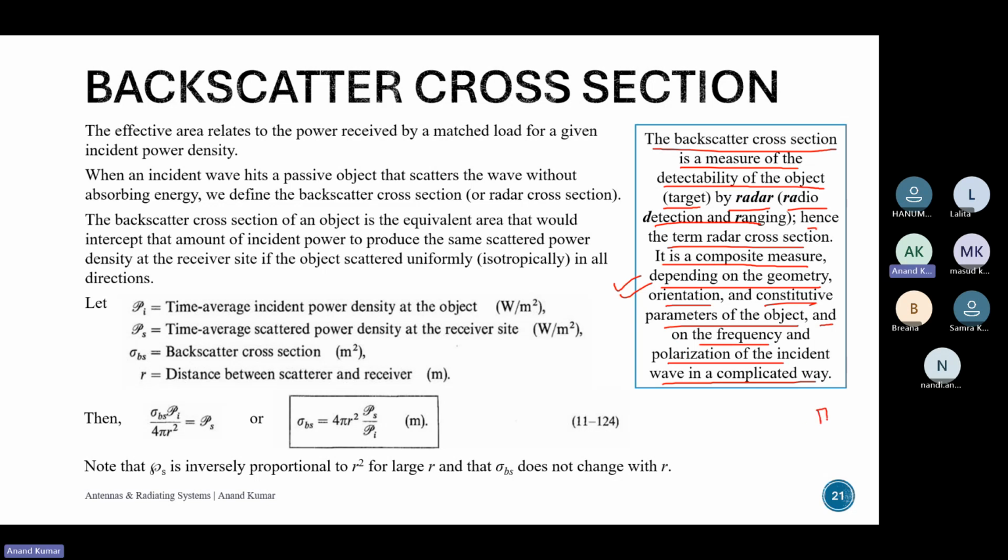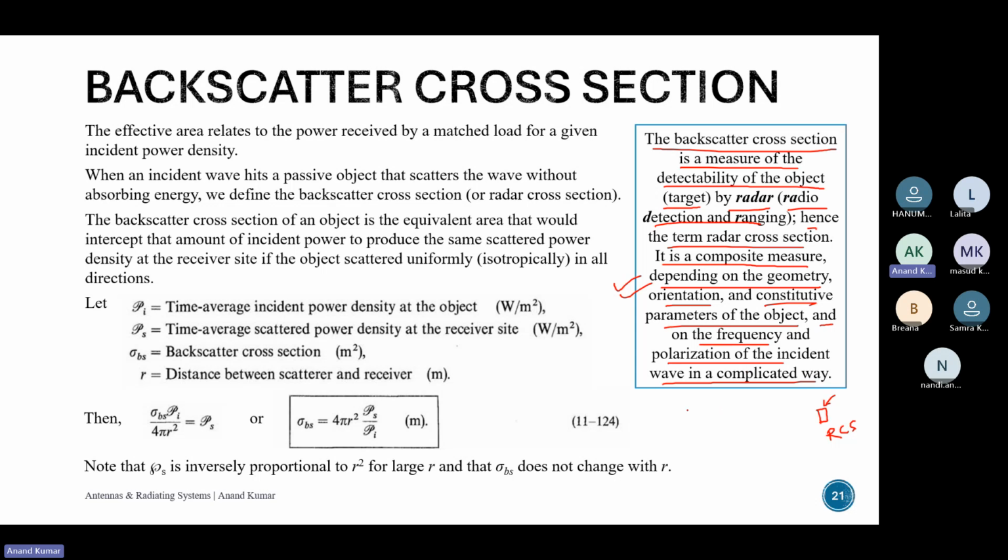This basically says that if there is an object, it will have its radar cross section, and this radar cross section is actually dependent upon the geometry of the object.